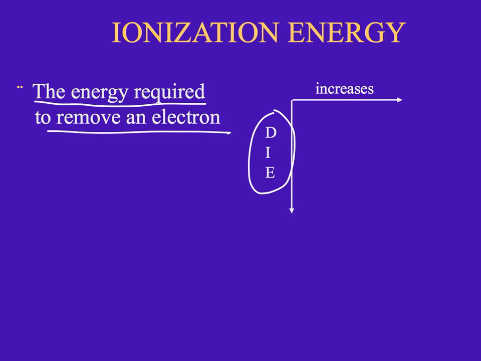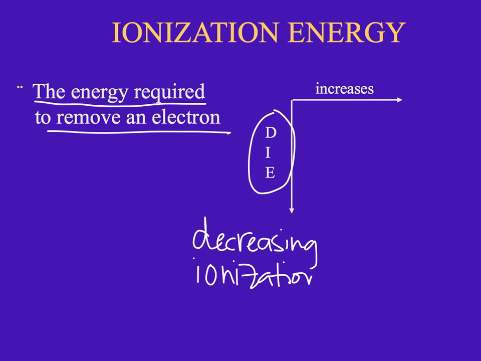Die represents decreasing ionization energy. Okay, die. So for ionization energy, it decreases going down, dies, because like when somebody dies, they go down and get buried into the ground. So that's how I kind of remember it, all right?